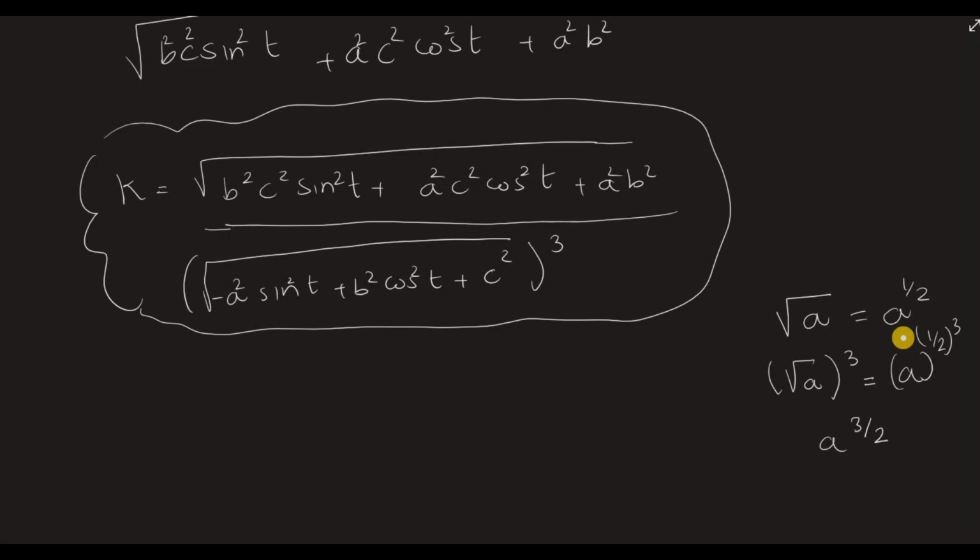You can write it the same way here. You can simply remove this square root and just make it to the power of 3 over 2. So this is going to be the final answer.